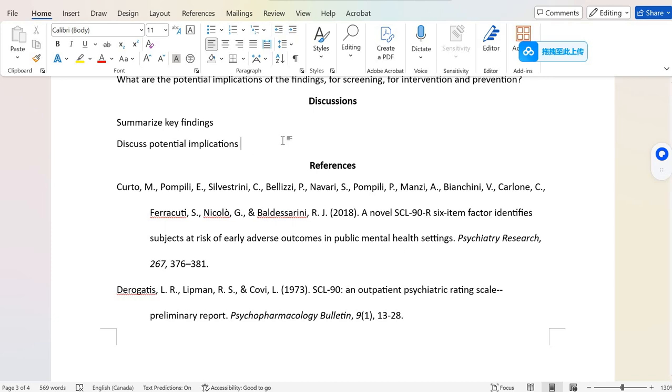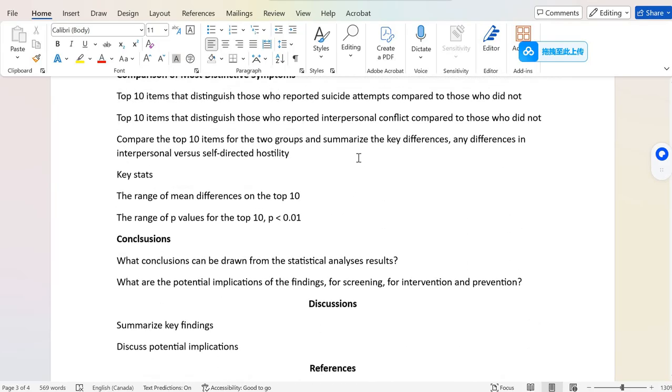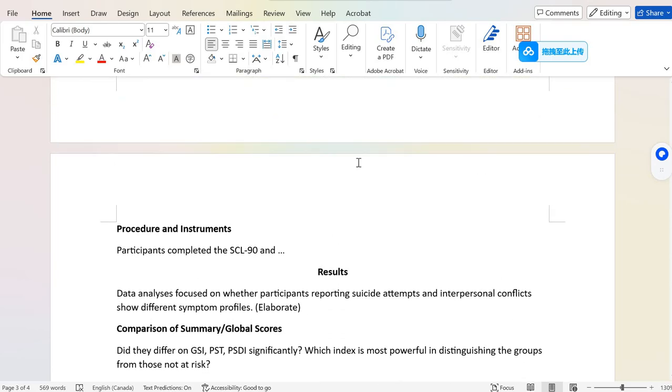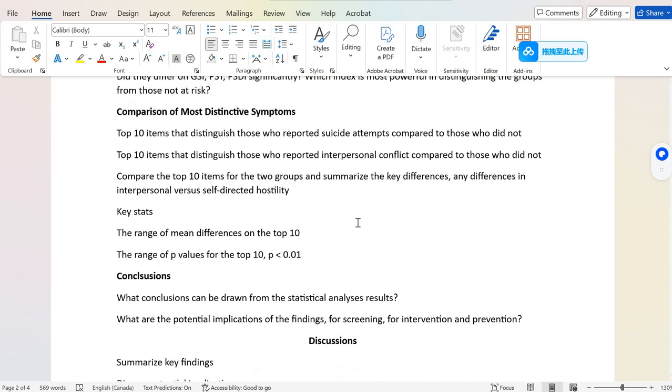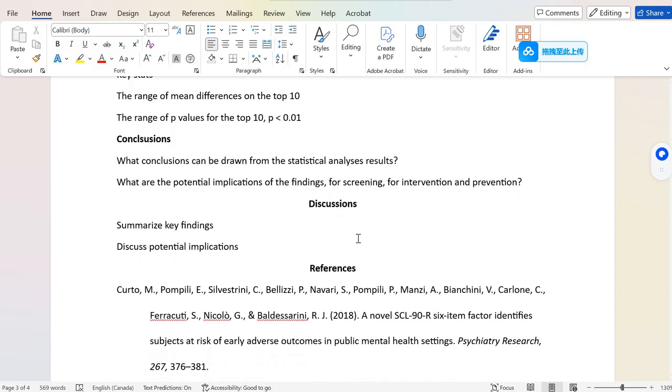And then you talk about potential implications. Well, what are the potential implications? What are the implications for screening, for treatment?